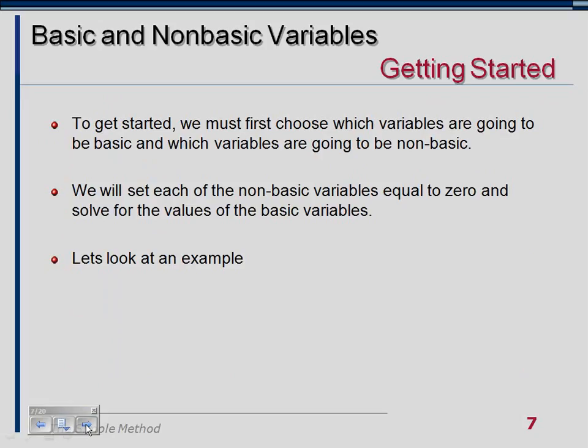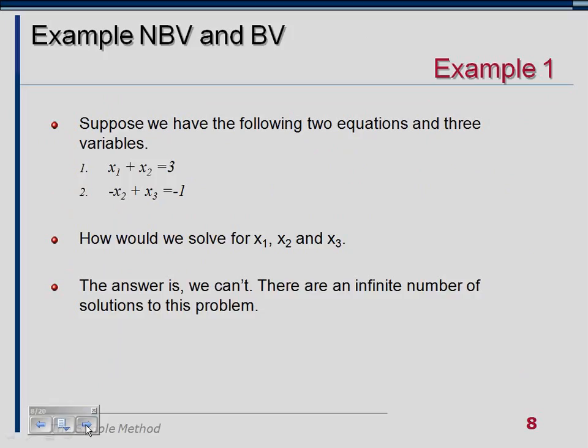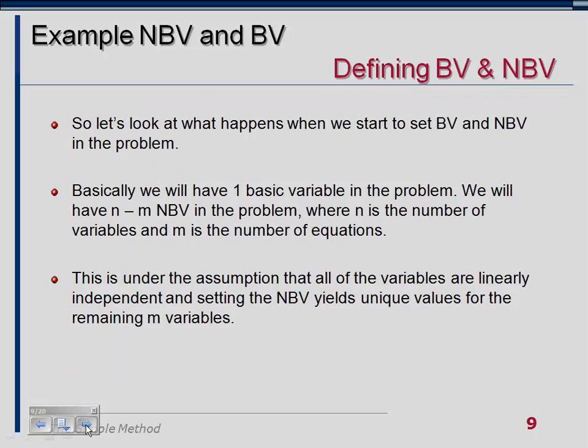So let's take a look at a problem. We have these 2 equations and 3 variables. So x1 plus x2 is equal to 3, negative x2 plus x3 is equal to negative 1. How do we solve for x1, x2, and x3? The answer is we can't. There's an infinite number of solutions. But let's look at what happens when we start to set basic and non-basic variables in the problem.